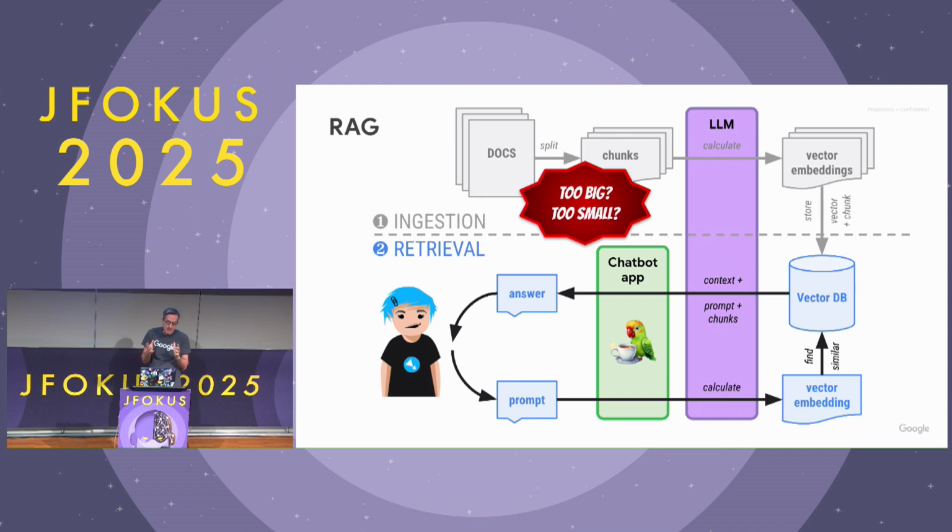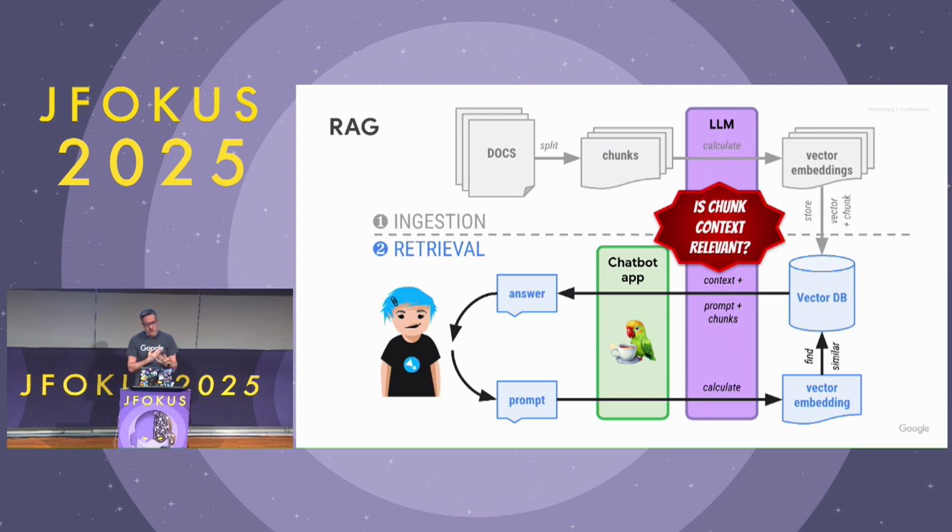But sometimes your chunks may be too big or too small. With chunks that are too big, the meaning may be diluted in a big paragraph. If they're too small, maybe the information is cut and you're missing some important bits. Is the chunk context relevant? What you actually put in the prompt of the LLM, is it relevant or not? Maybe it's been retrieved, but it doesn't contain the answer to your question.